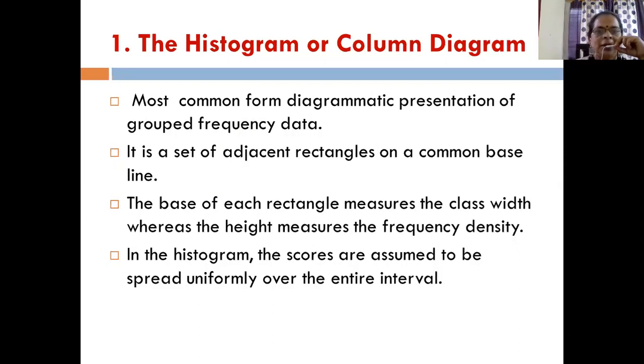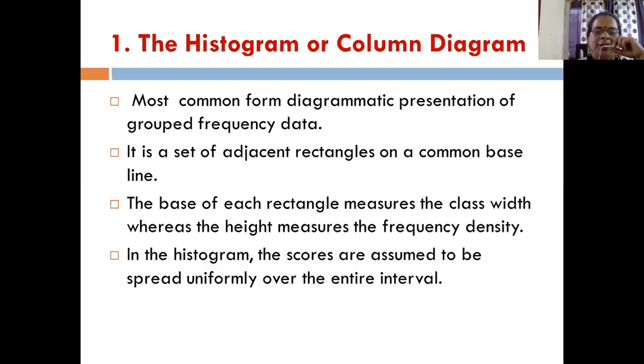We use this histogram only for grouped data, and this is a picture made up of adjacent rectangles on a common baseline. The base of each rectangle measures the class width, whereas the height measures the frequency density.